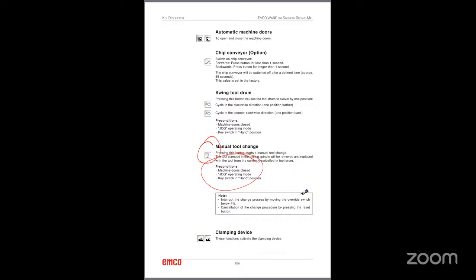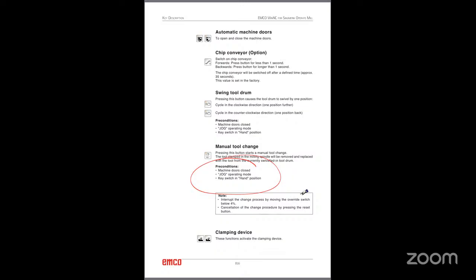Question number one is engine. Make sure that you satisfy the three conditions: the machine door is closed, the operating mode is in job mode, and this switch is in hand position.